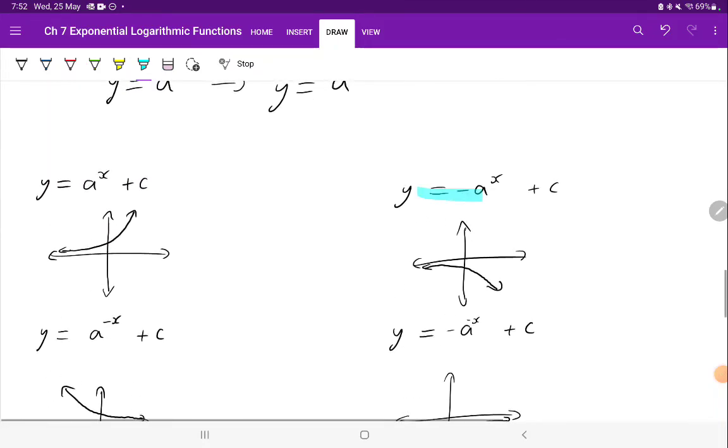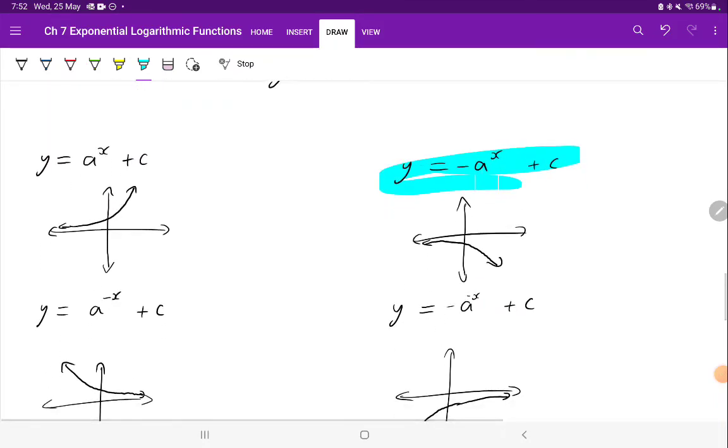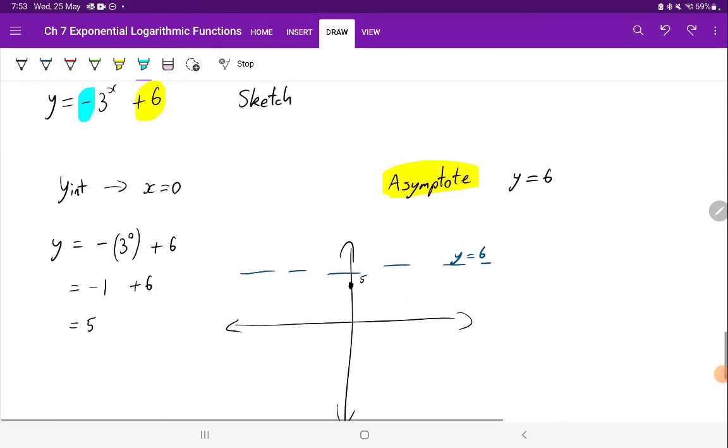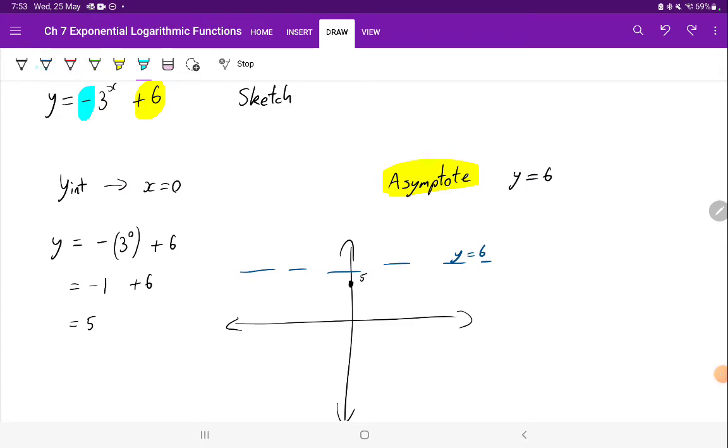So it should be a reflected case, reflected in the x-axis in particular, meaning that instead of going like that, which would be our standard shape, it's going to be going out like this. And that is our shape. So y is equal to minus 3 to the x plus 6.